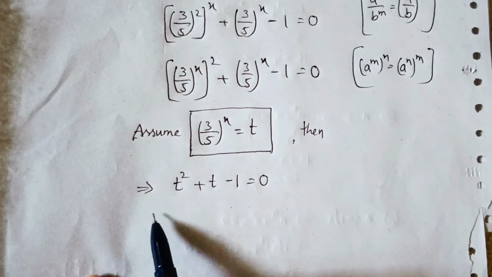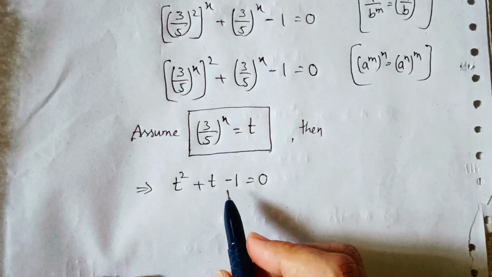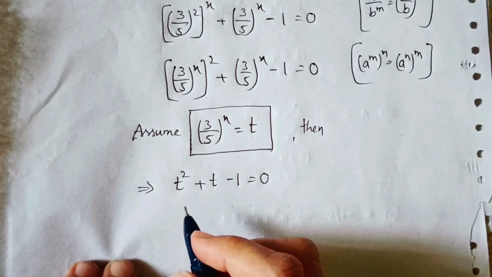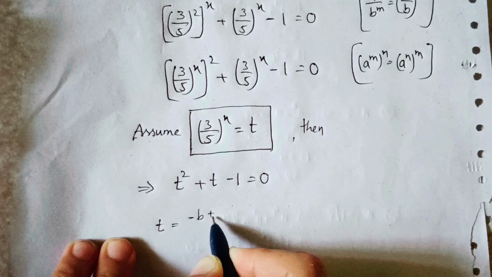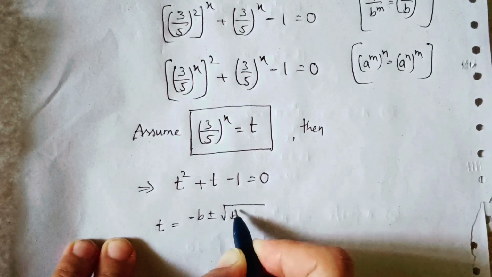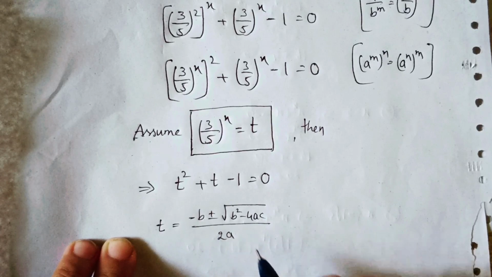So this is in the form of ax square plus bx plus c, and we know one formula to take out the roots. So t equal to minus b plus or minus square root of b square minus 4ac divided by 2a.